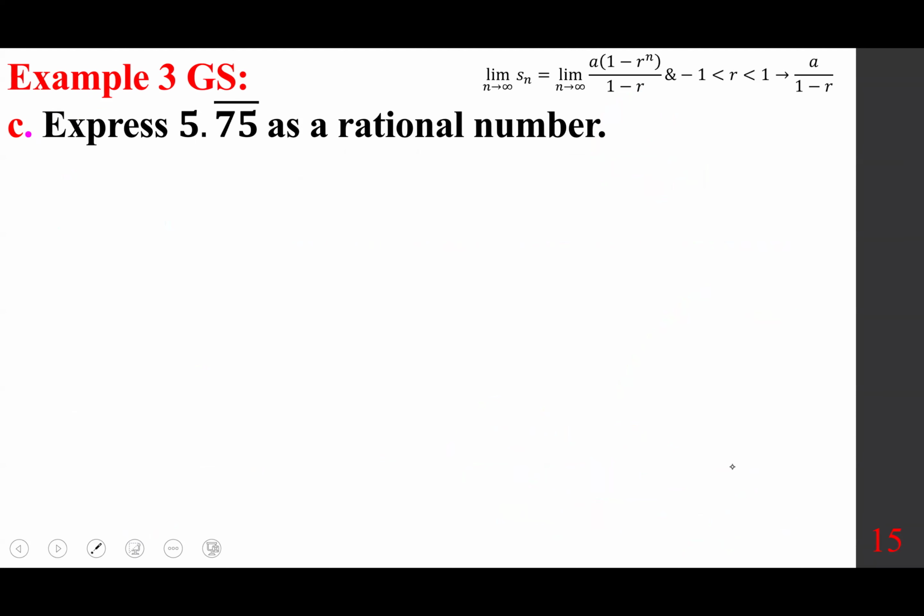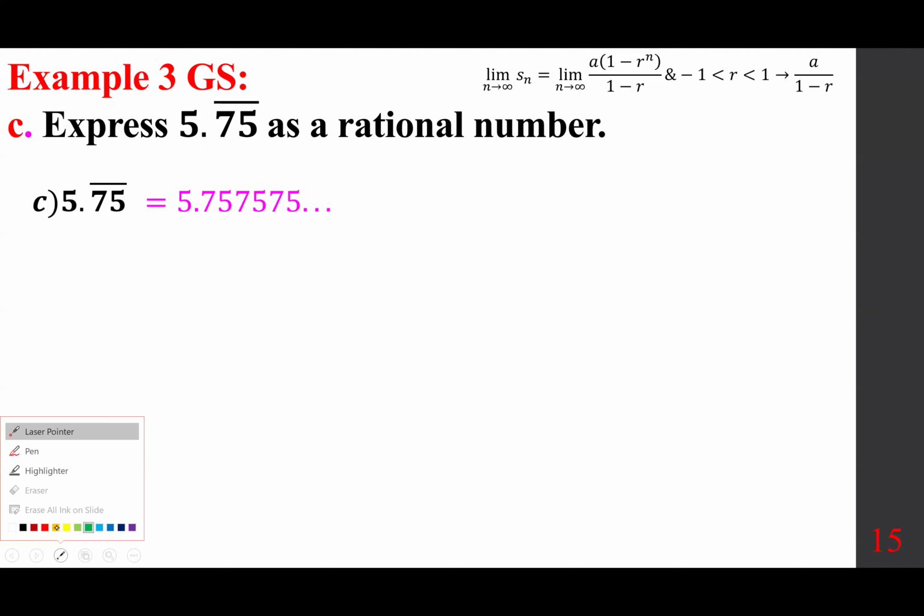5.75 bar, basically we are concerned with this one, which is the repeating decimal. So we rewrite it as 5.7575 and we continue indefinitely. The repeating decimal follows the same process as the previous page.